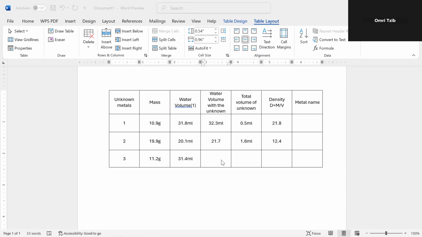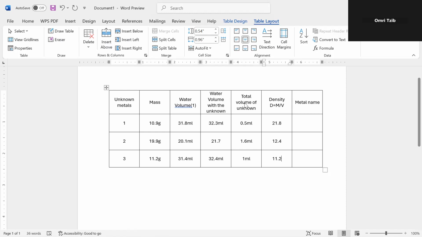So our volume was 32.4 milliliters and our total volume is 1 milliliter. Now we solve for the density, so we just divide 11.2 by 1, which would give us the same answer, 11.2. So that would be the density.